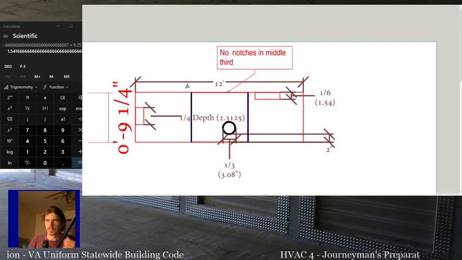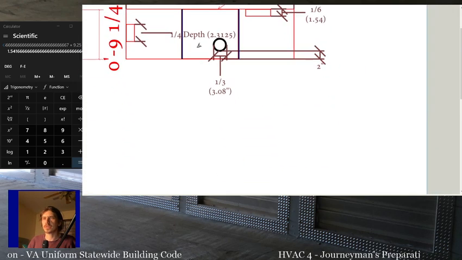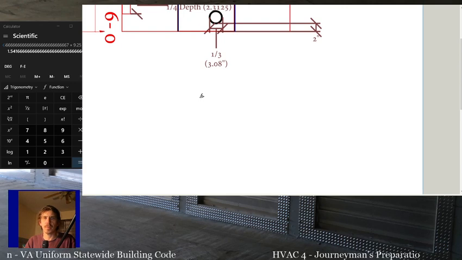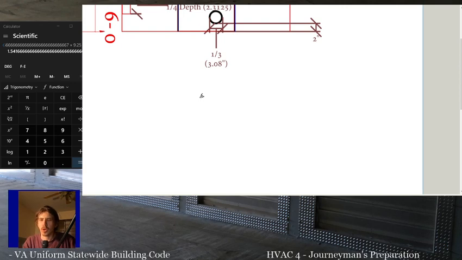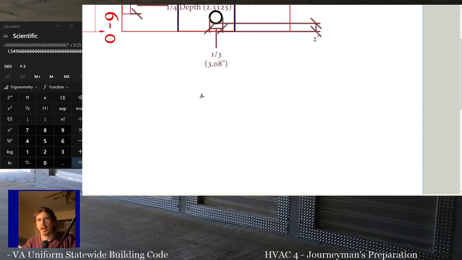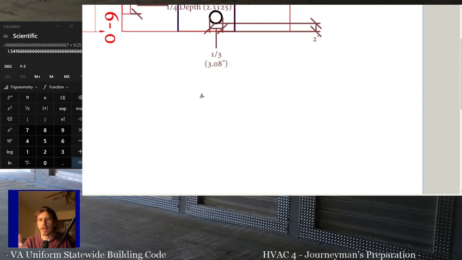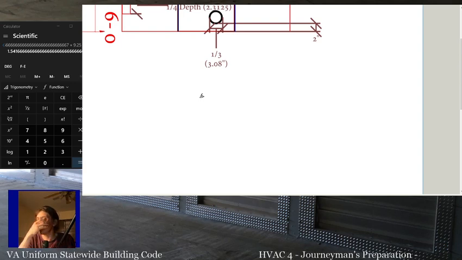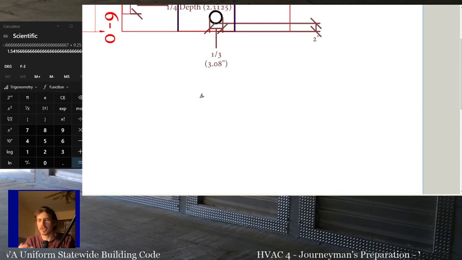So, bearing walls support the structure. So any outside wall is always a load-bearing wall, period. All right. The other walls that might be load-bearing walls are generally walls that run perpendicular, at a 90-degree angle with joists or roof trusses.